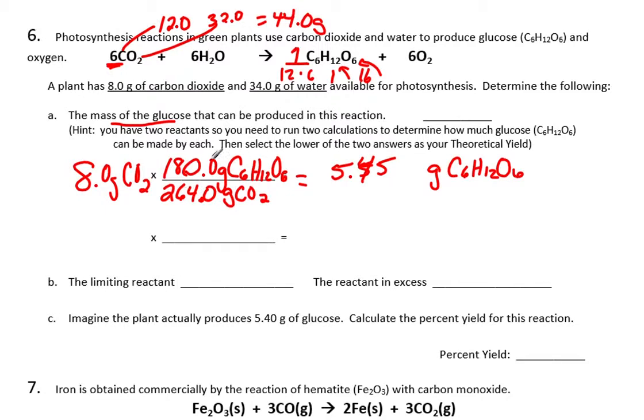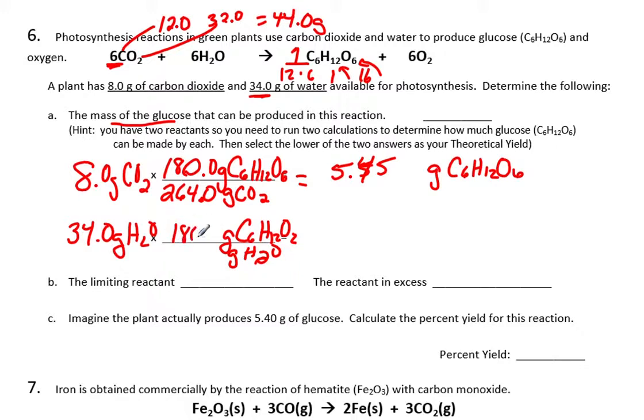Now that's assuming we have enough water. So let's now focus on the water and see if we actually do have enough to make 5.45 grams. So we start with 34.0 grams of water. Notice I put a number, a unit, and a formula. I'm going to do the same thing here. Here's my unit and my formula, and we'll get the number in a minute. So grams of water. And then up on the top, we want to find out, same thing, how many grams of glucose can we make?